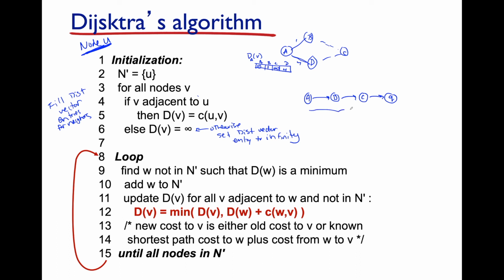If this is a least cost path, by definition of what least means, for this to be a least cost path, that means to get from A to B, this is going to be the least cost way to get from A to B. This is going to be the least cost to get from B to C, least cost to get from C to Q.